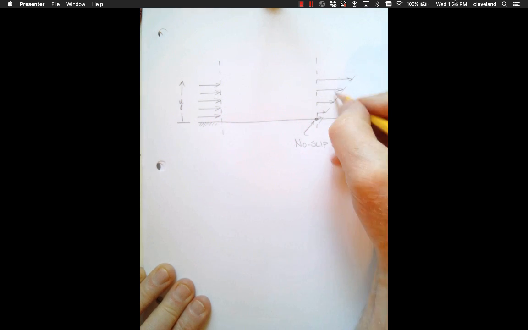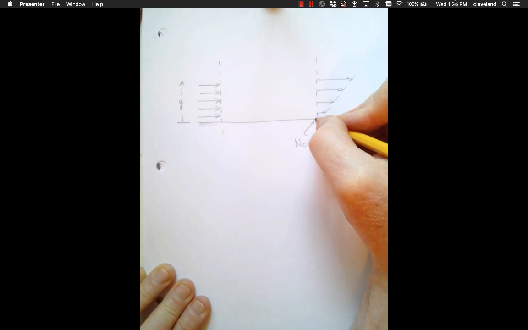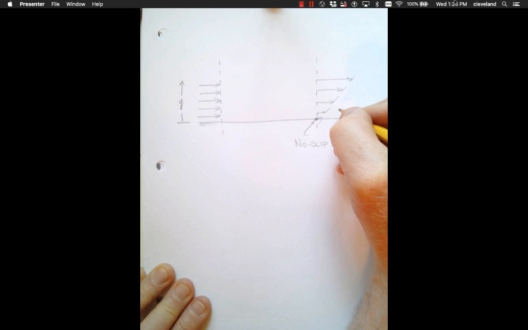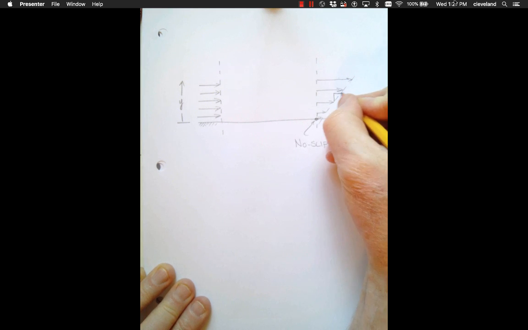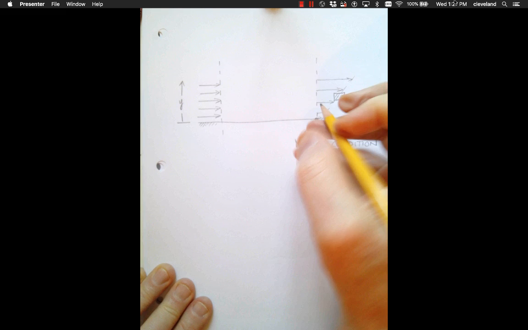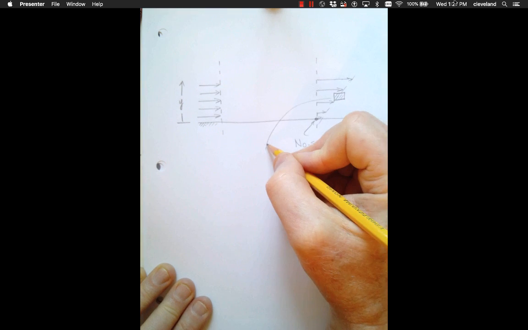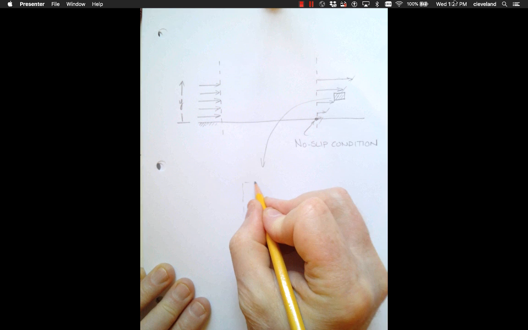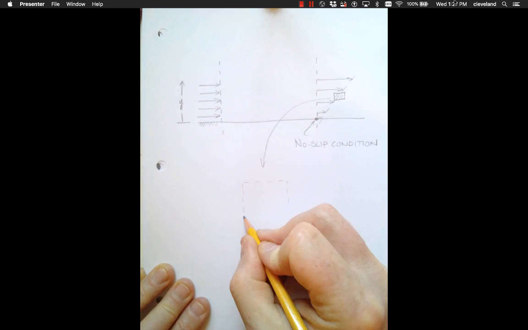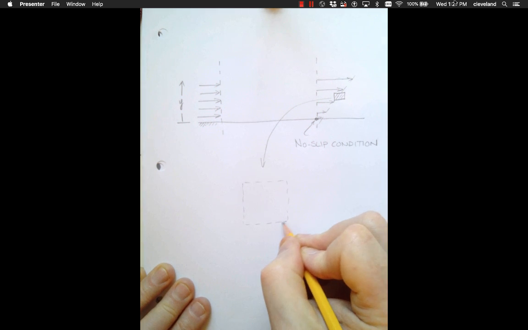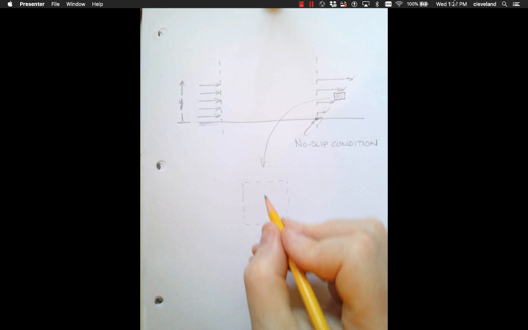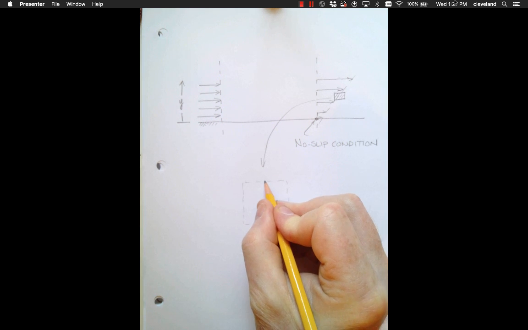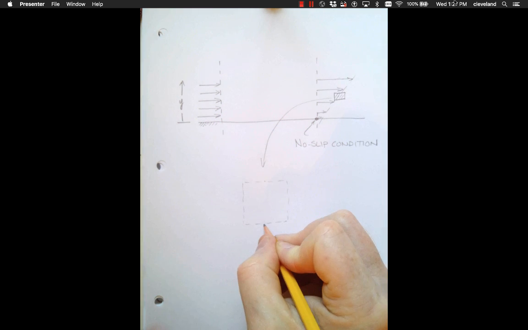And as we move somewhere up in the fluid here, away from the boundary, the no-slip is irrelevant. But let's go ahead and examine a fluid particle right there. Go ahead and pull it down here, and if we look at that rectangular particle, we notice an interesting thing. The velocity on the top is higher than the velocity on the bottom.